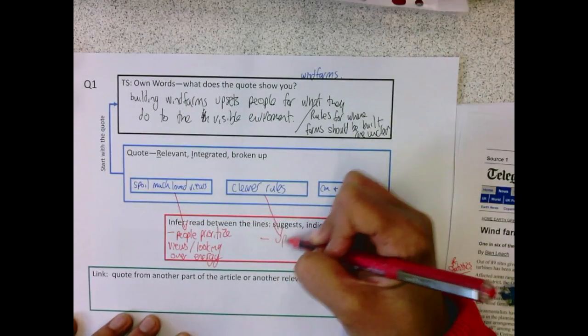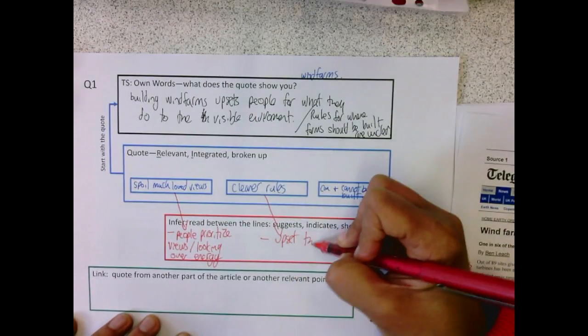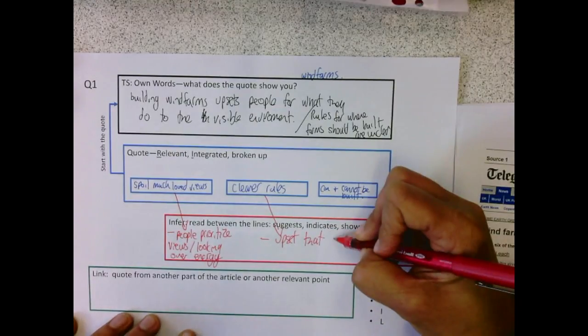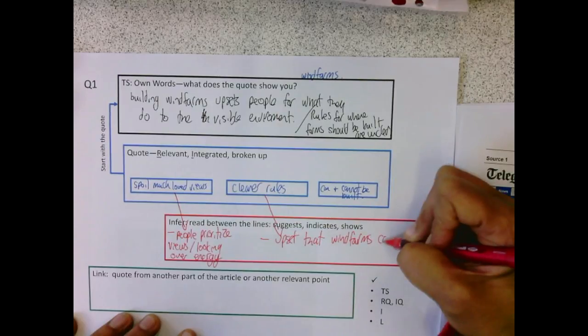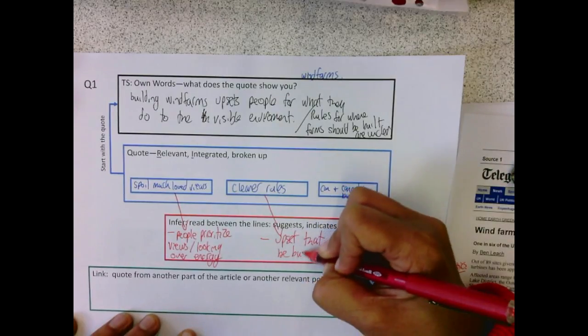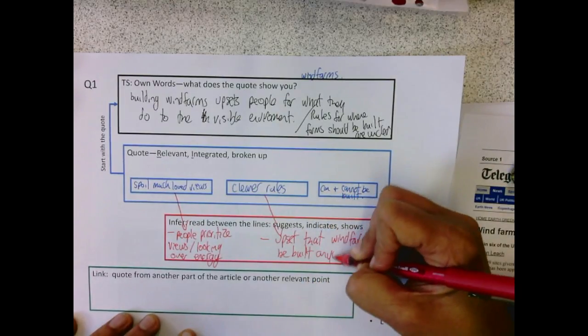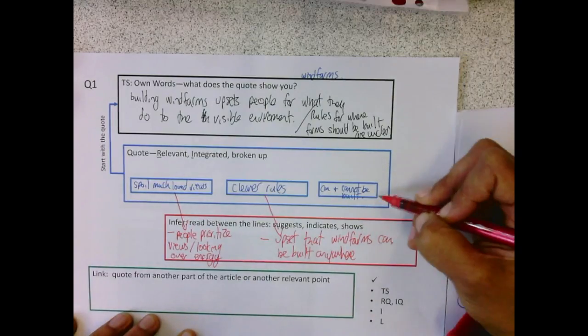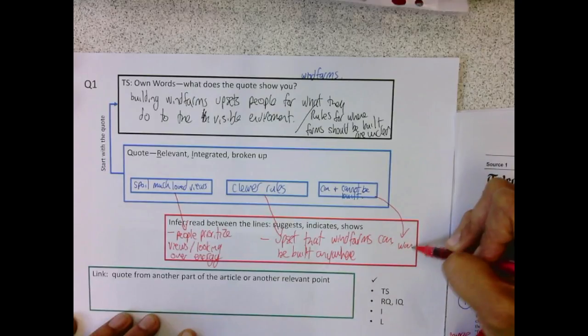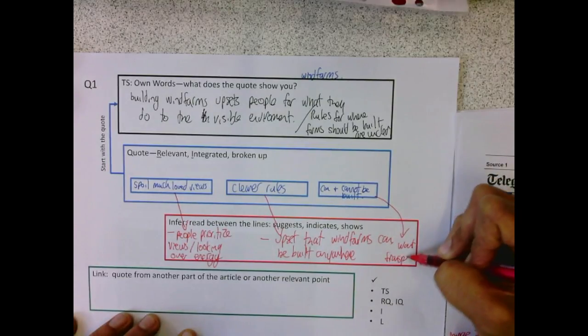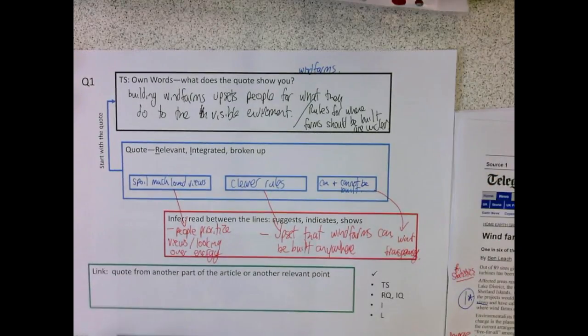People upset that wind farms can be built anywhere. And they want transparency. They want to know where they can and can't be built.